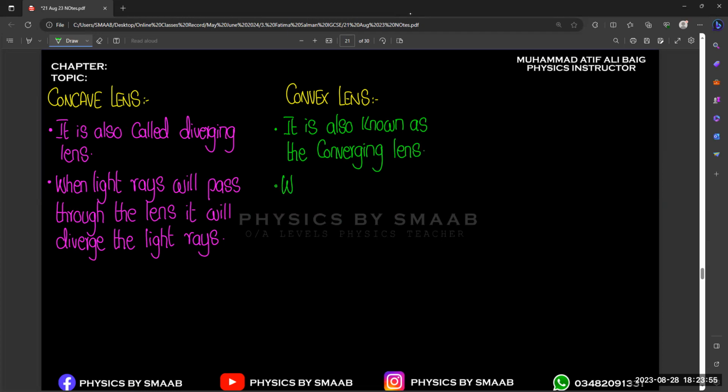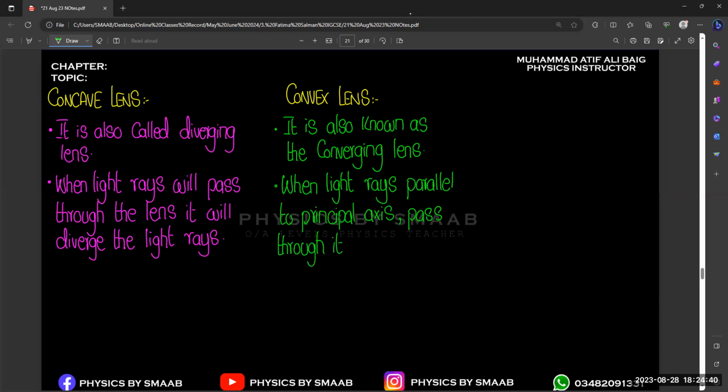And secondly, when light rays parallel to the principal axis pass through the lens, they will converge at a single point. So this is the difference between the concave lens and the convex lens.